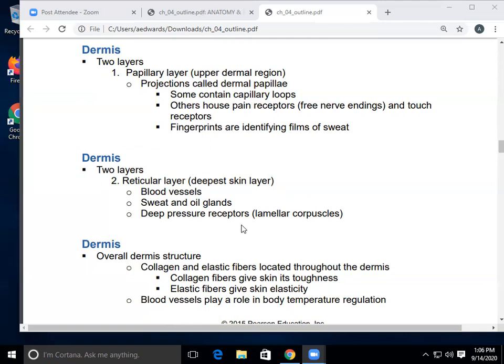And some of these dermal papillae have what we call capillary loops, so they have some blood supply going into them. Other papillae have pain receptors. Some have touch receptors.